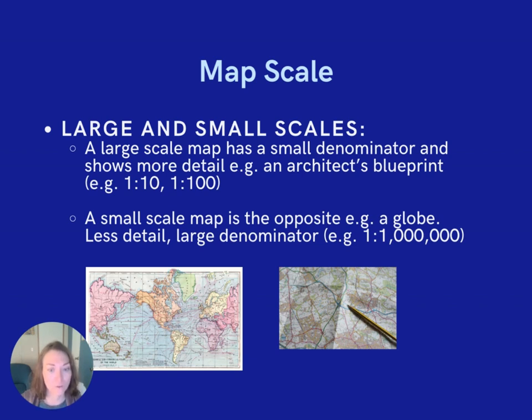It's way zoomed out, so this would be a small scale map. A good way to remember it is that this isn't grammatically correct, but there's too small of room to fit detail. Whereas on a large scale map, there's a large amount of room for details. That's a little trick to help you remember.